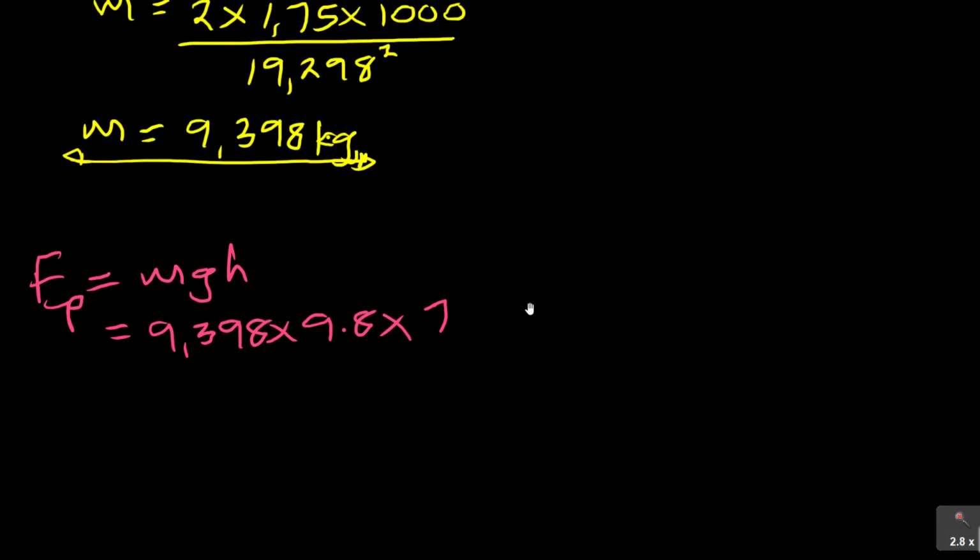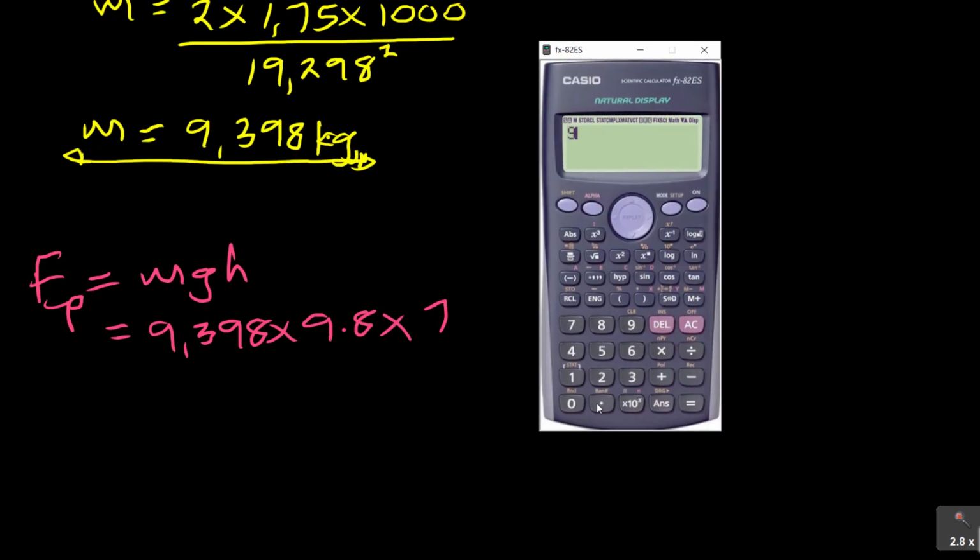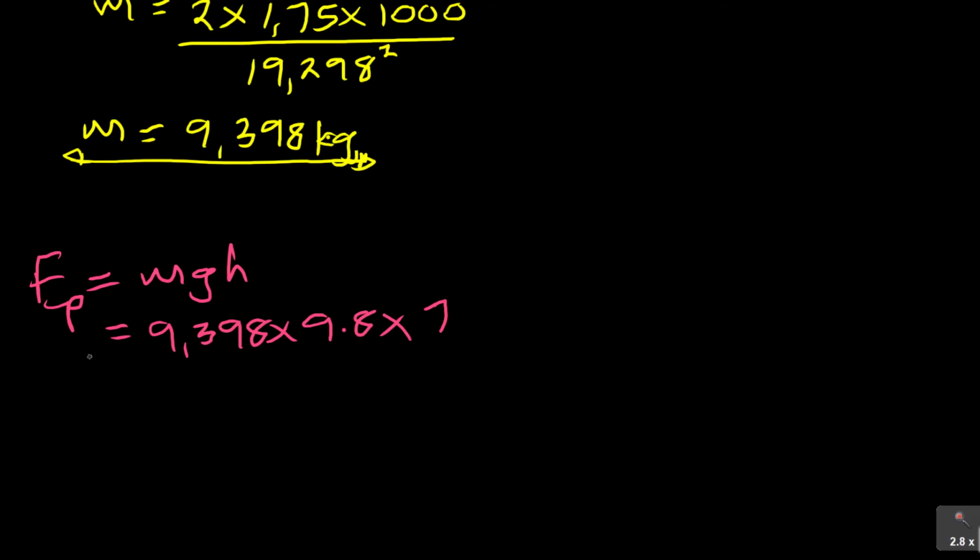So then we get the answer here to say what is EP. It will give us the answer, which is 9.398 multiplied by 9.8 multiplied by 7, and then which is 644.7028, which is shift setup 3 decimal place, 644,703, and it has to be in joules. 644,703.